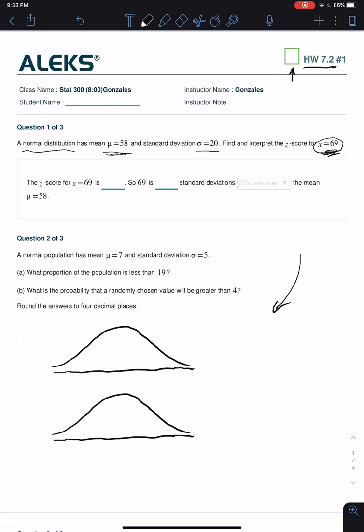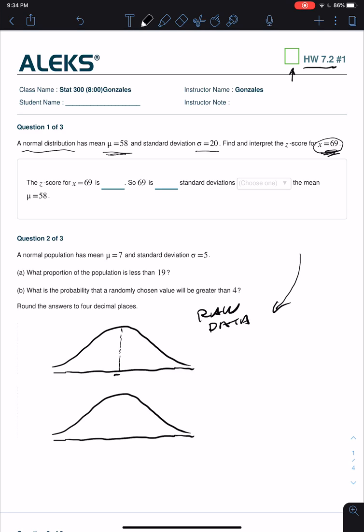So when they're talking about a raw score or data, let's just call it raw data. This is a normal distribution, so it has this normal curve, and the mean is going to be right here at its peak point because it's a normal distribution.